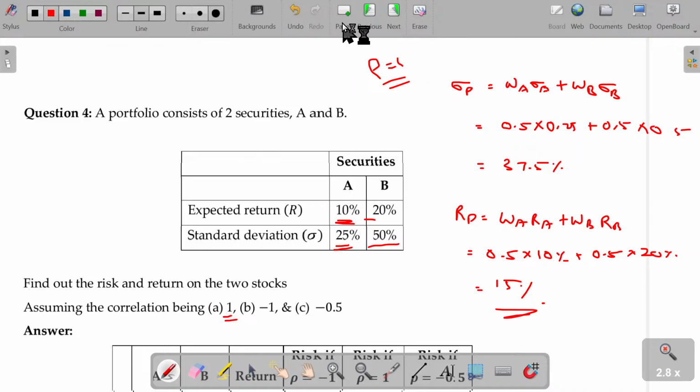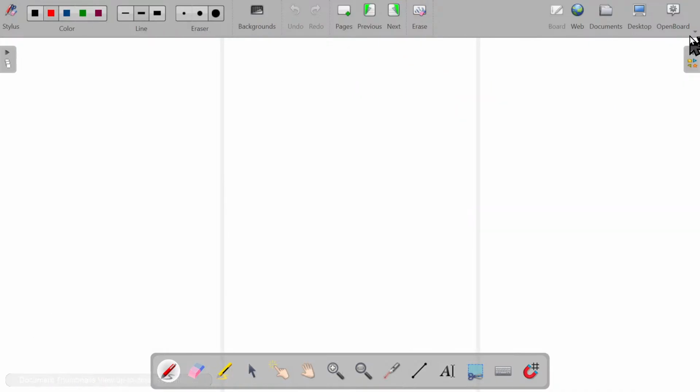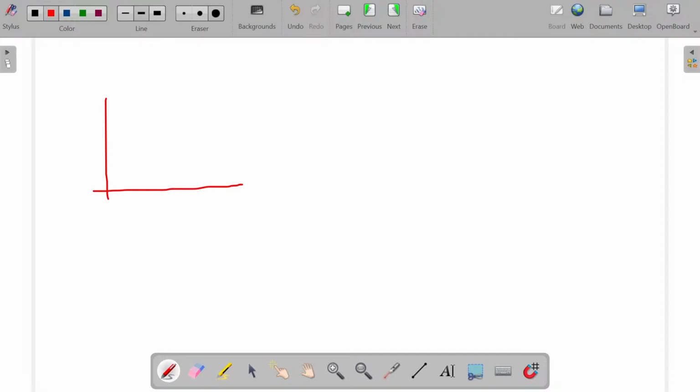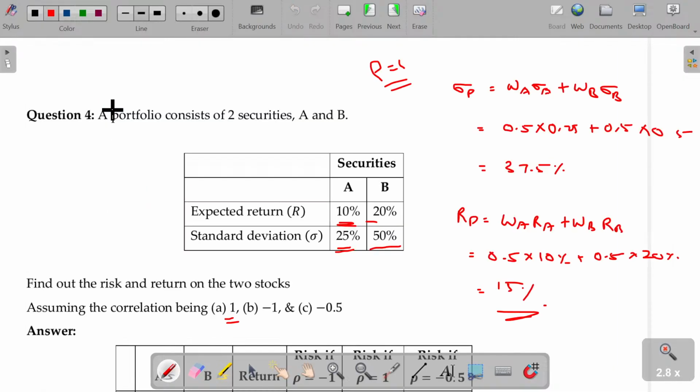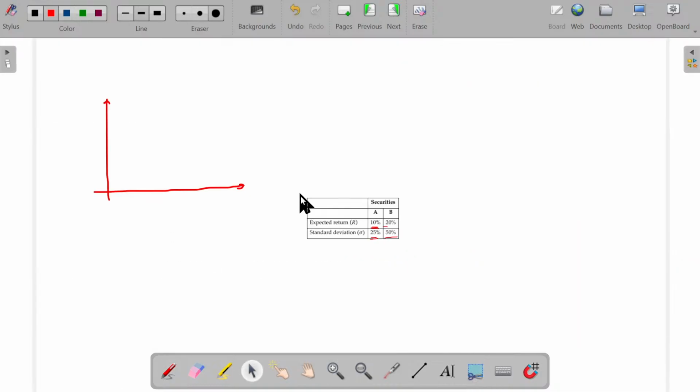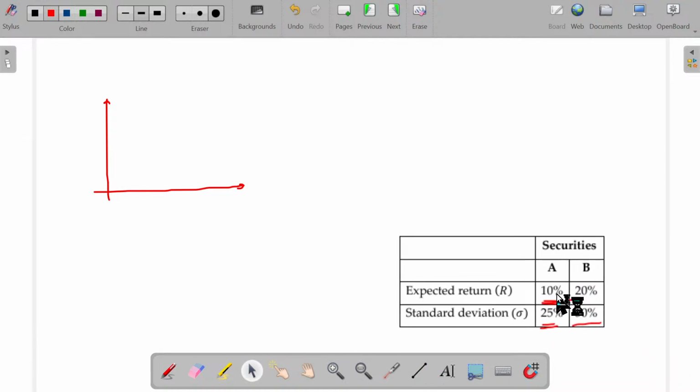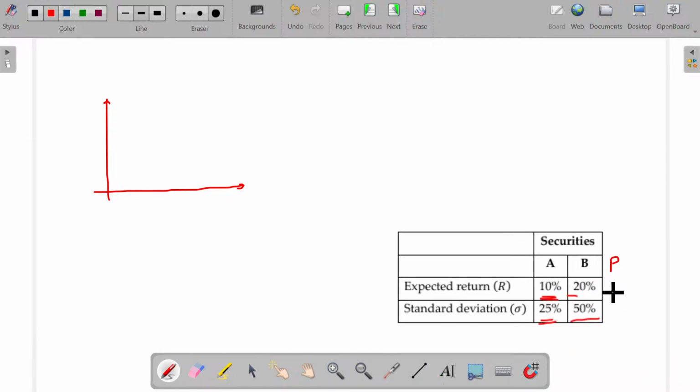In case you plot that in the graph, I'm going to plot the same. In case of portfolio, 15% and 37.5%. If I plot in the graph where correlation is equal to +1, this will be return, this will be risk.